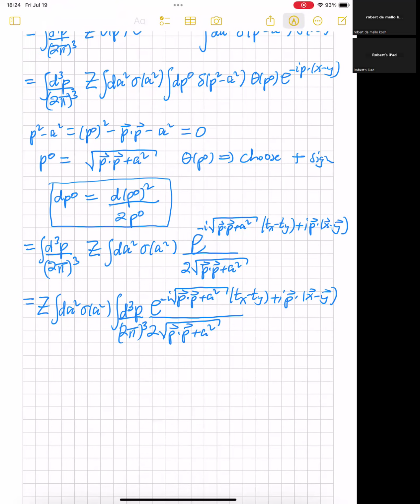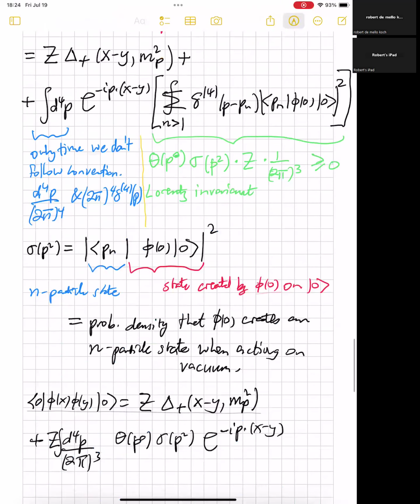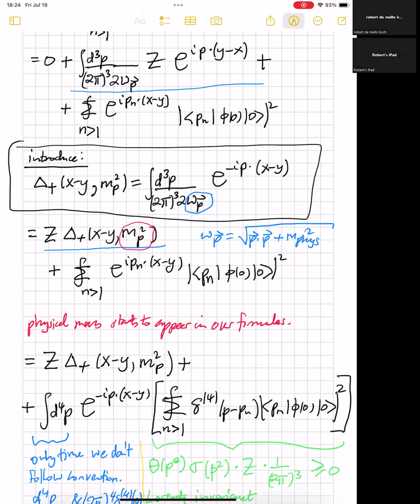But what is interesting about this, now I want to remind you of the function that we defined, delta plus. So delta plus of x minus y, comma mp squared, was an integral d3p over 2 pi cubed 2 omega p, and then that exponential e to the minus i p dot x minus y, and inside here, the p naught was omega p.